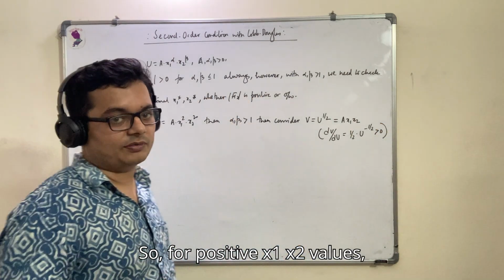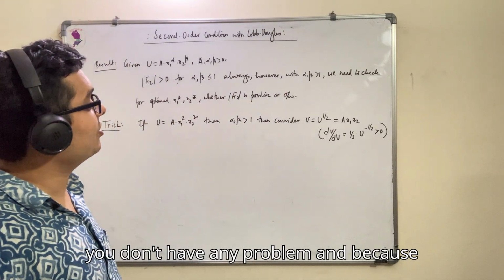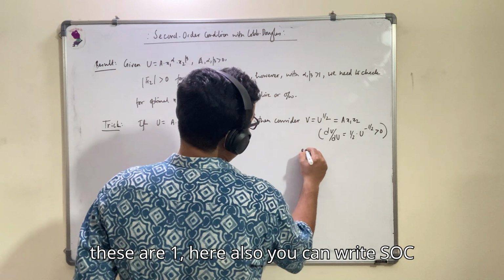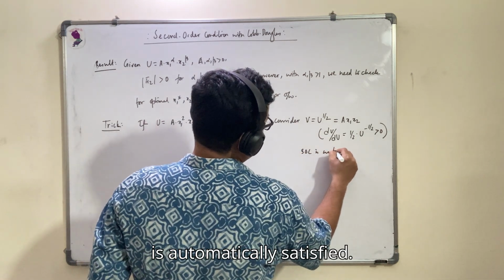So for positive x1, x2 values you don't have any problem, and because these are 1, here also you can write SOC is automatically satisfied.